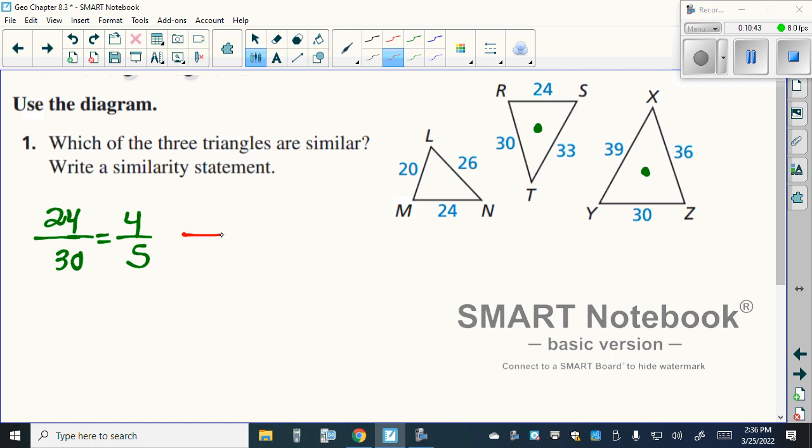Now we can look at the next one. So we need another side from RST. RT, so we can do 30. Now is 30 the smallest, biggest, or middle? It's in the middle. So what side from XYZ is in the middle? 36. Well, again, 30 and 36 are both divisible by 6.